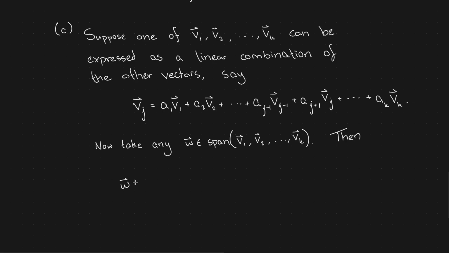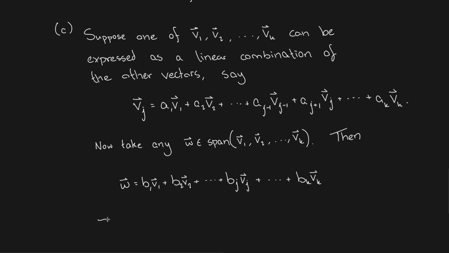Then vector w is equal to, say, b1 times v1 plus b2 times v2 plus ... Let's go ahead and get the jth vector in there already. Because that's what it means to be in the span: you can be written as a linear combination of these vectors.